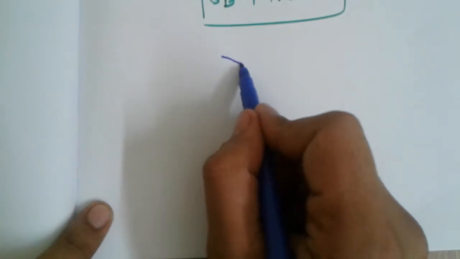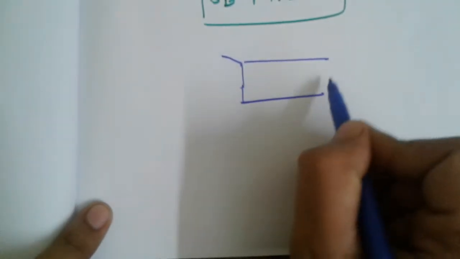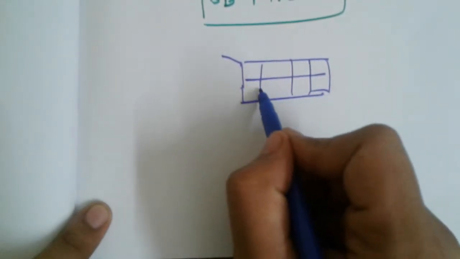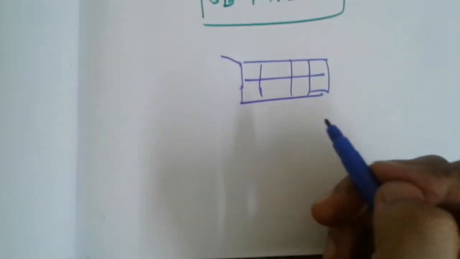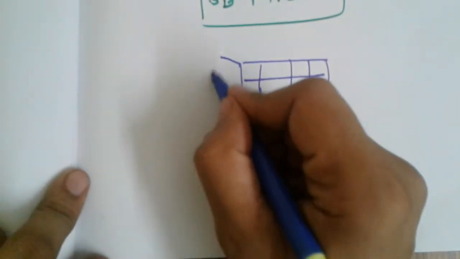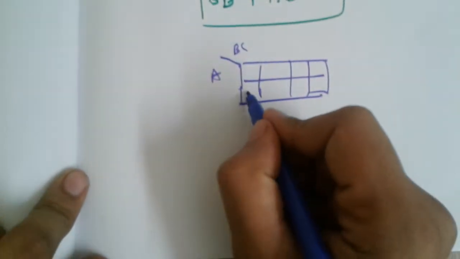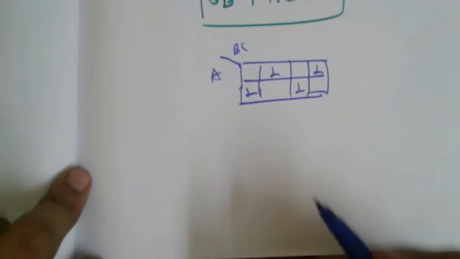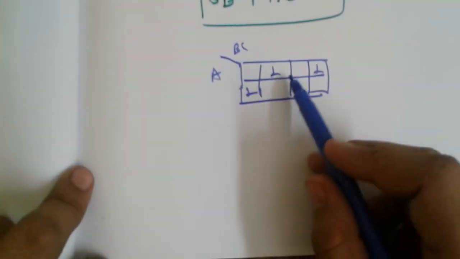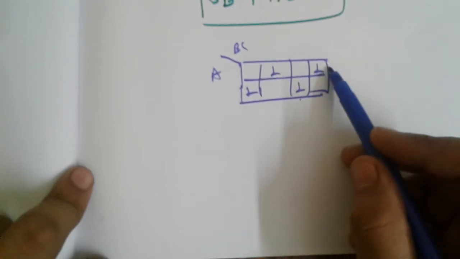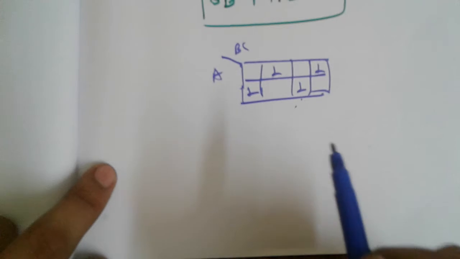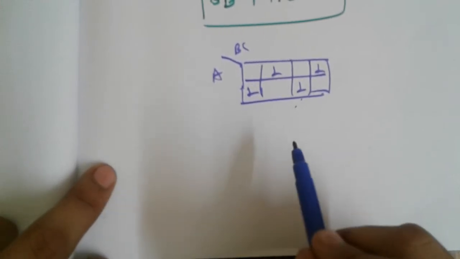Suppose we take a 3 variable K-map, and we have elements like this only. The elements are only on a diagonal. So this is called diagonal adjacency.